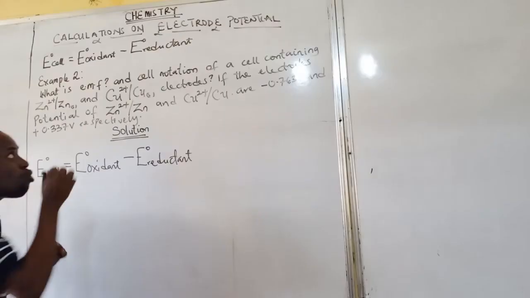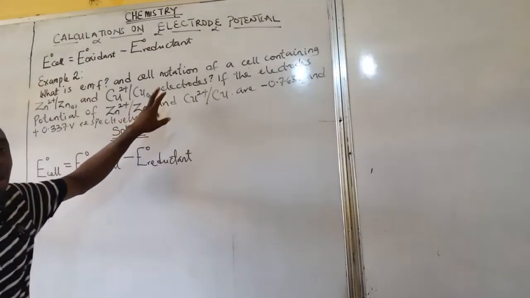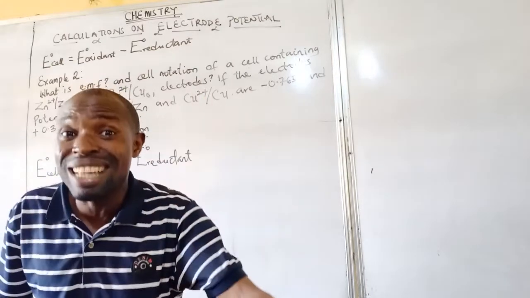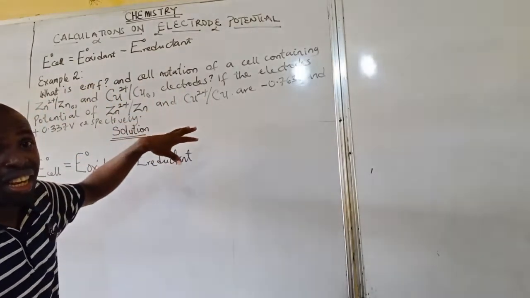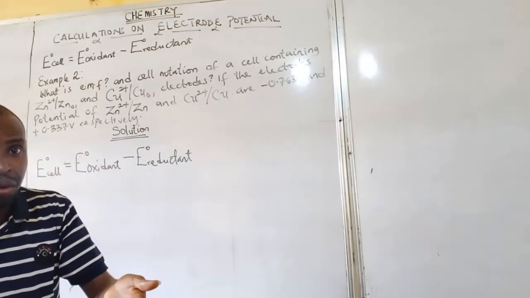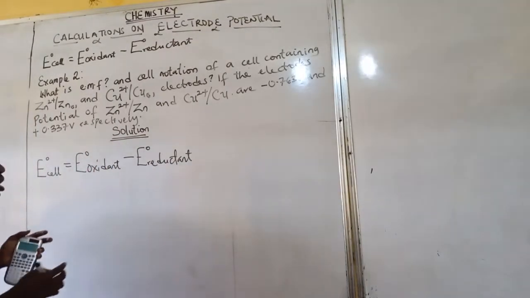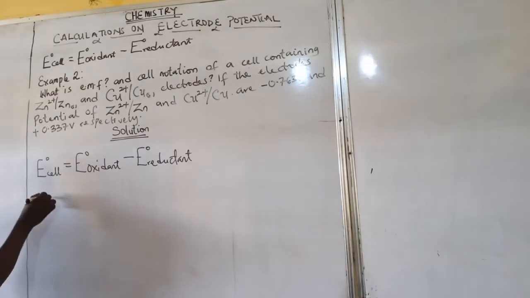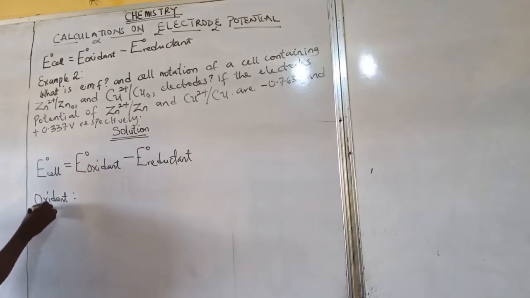If you check this question very well, you see that the cell notation was not given to us in the question. So it means that this process here is feasible, and if it's feasible, we make use of this formula. Now, we determine the oxidant and the reductant. What is the oxidant in this case, and what is the reductant?